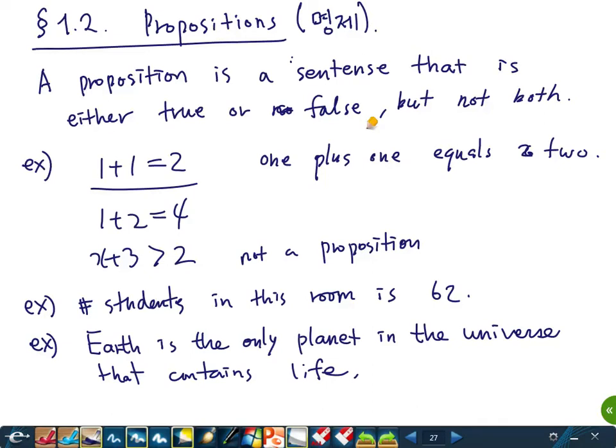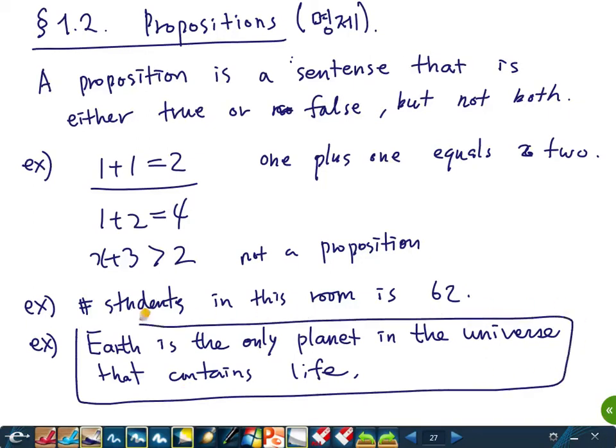It's reasonable, but not mathematically reasonable. I understand why you think this is not a proposition, because no one knows whether this is true or false, right? No one can tell for sure that this is true or false. But it is either true or false, right?